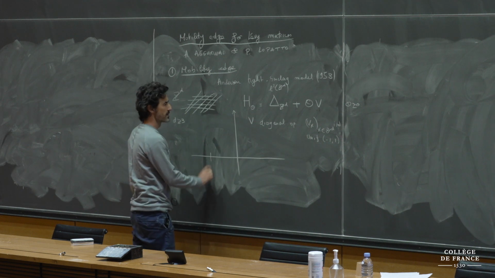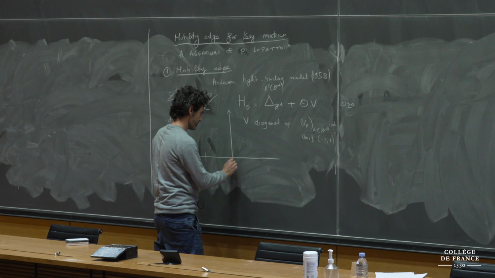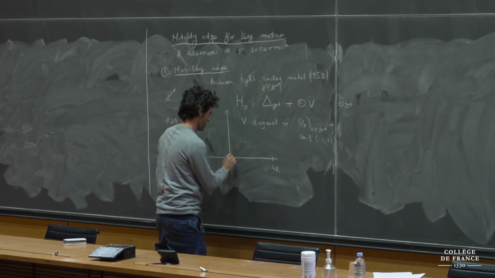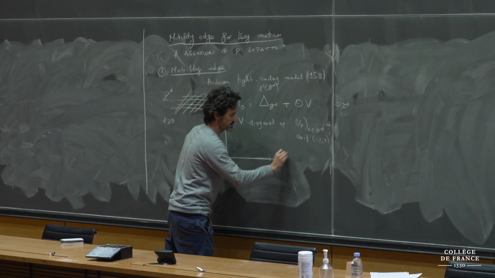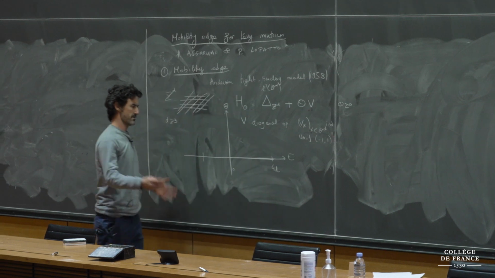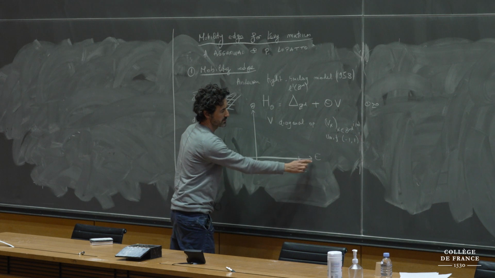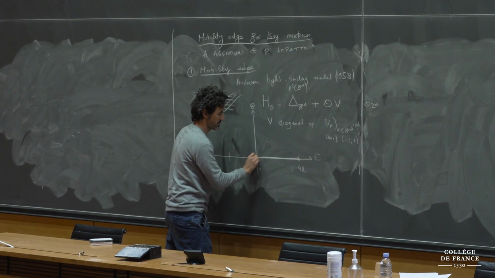So the spectrum of the Laplacian on Z^d will be, let's say, [0, 4d]. This is the real line, the set of energies, the eigenvalues, so this is the spectrum of H0.